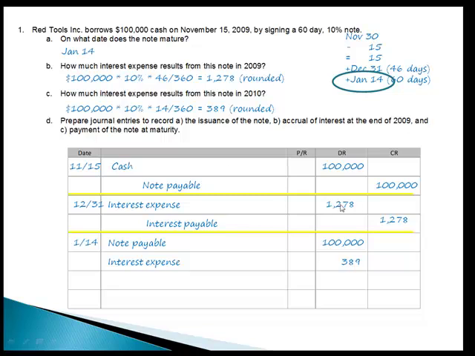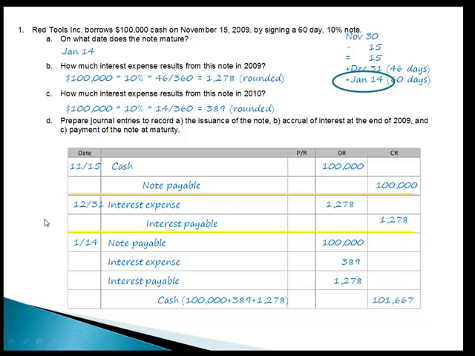Then you want to close out the interest payable, because no longer is that owed. You don't want that showing up as a liability. You paid it up, it's not owed anymore. And then cash, you're going to pay out for the principal plus all the interest, whether it was incurred in 2009 or 2010. Okay, so your cash payment is $101,667.